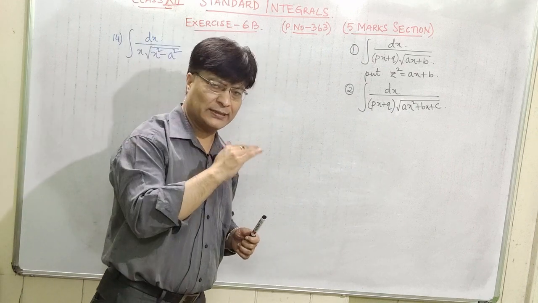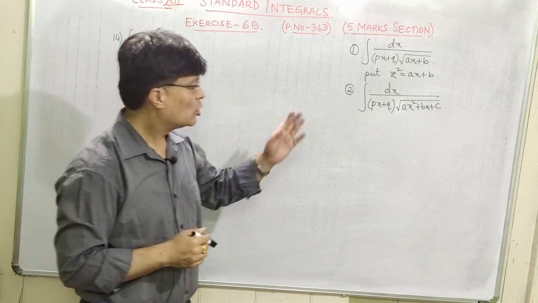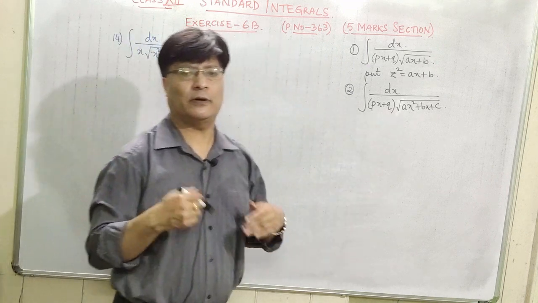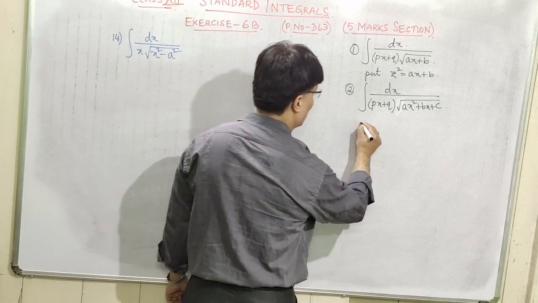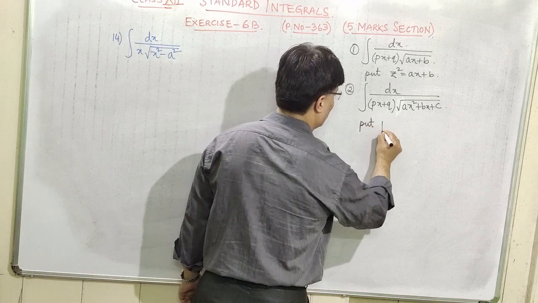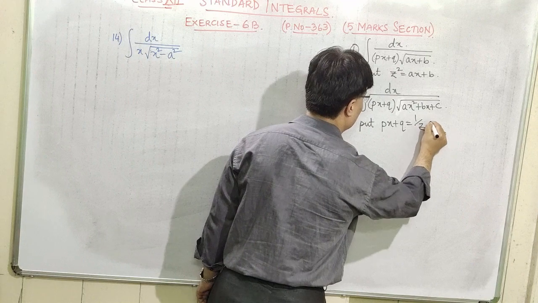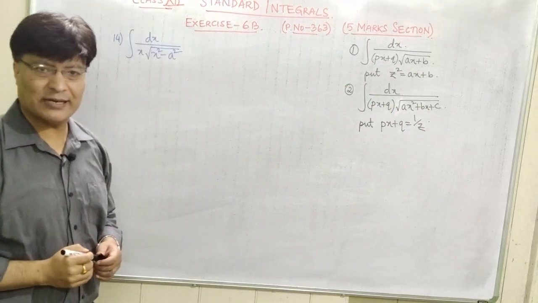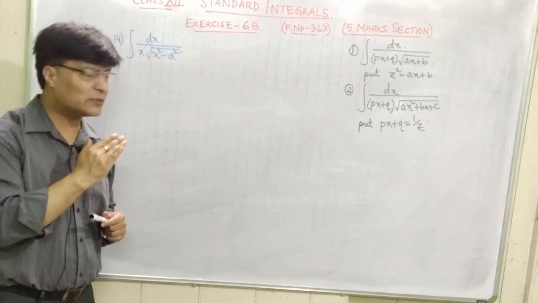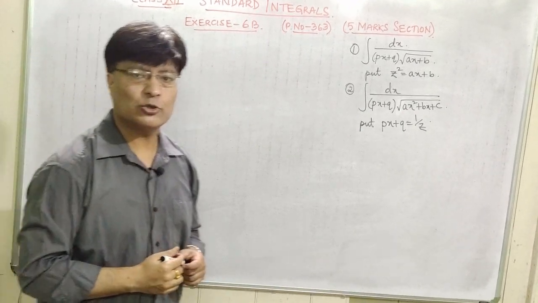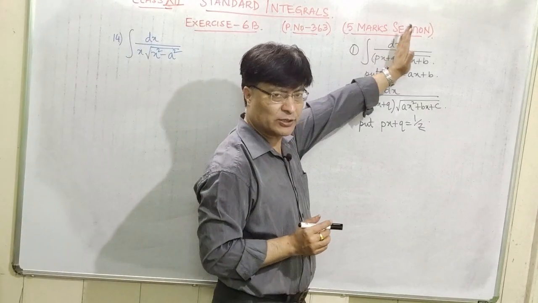There is 2, and there is a term containing x to the power 1 also, that is your quadratic expression in x. So whenever you have such type of integration, what is the method for integrating it? You always put px plus q is equal to 1 upon z. Is it clear now? So we can assume the linear expression, that is px plus q, as 1 upon z.